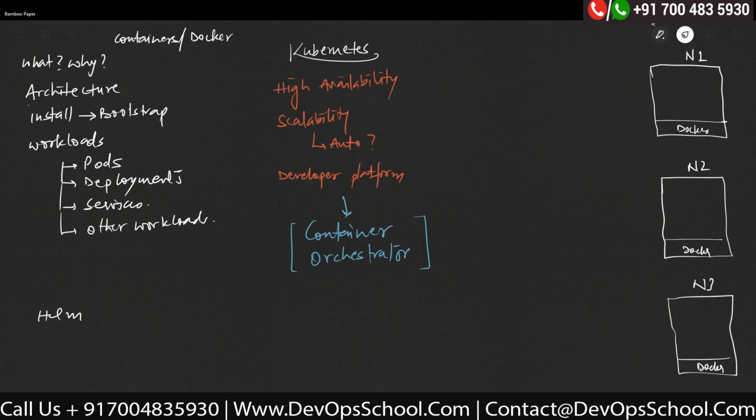So there is a cluster of machines, node 1, node 2, node 3, and all are capable of running Docker containers. Along with these machines, we will also have another machine which will be part of the cluster itself, called node 4, for example.